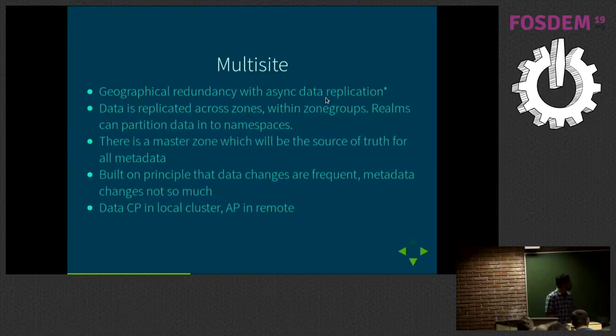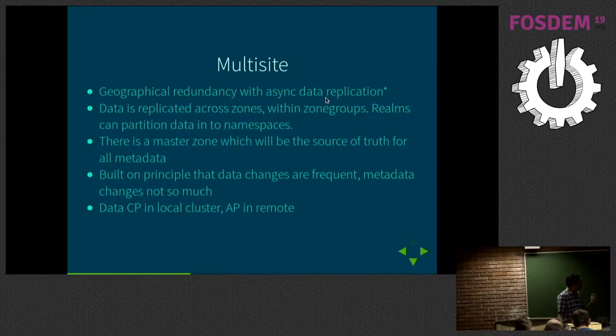I'll come to that. So you have the concept of zones, zone groups, and realms. A zone would be any RGW or a group of pools. Usually, a Ceph cluster would be a zone, and then you always sync data within a zone group, which is a collection of zones. And there's always a zone which is elected as the master zone, which is the source of truth for metadata.